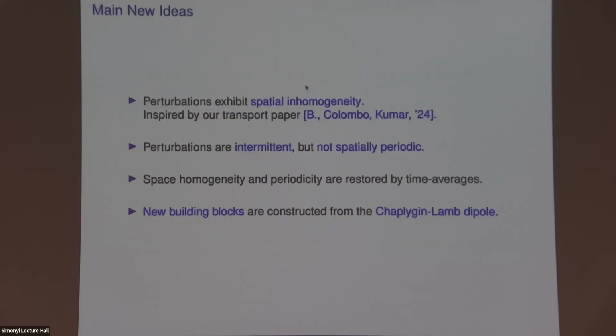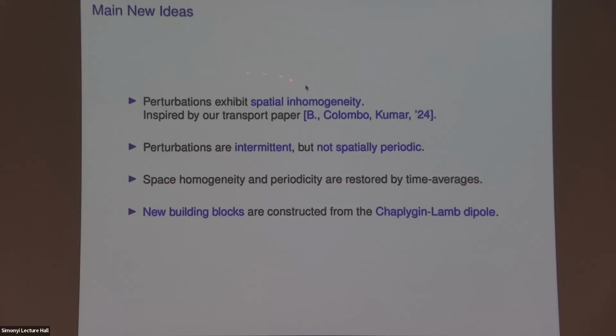Okay, what are the new ideas to get beyond the threshold p equal 1? The main idea comes actually from our previous paper about the transport equation in the DiPerna-Lions framework, where we realized that a certain very strong form of spatial inhomogeneity is necessary in order to get sharp non-uniqueness results.